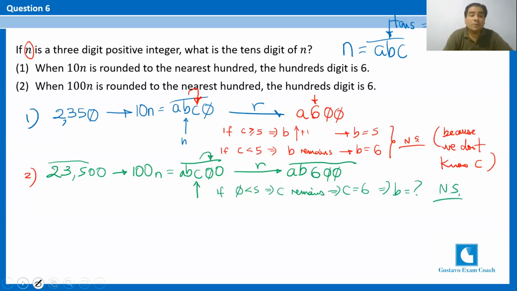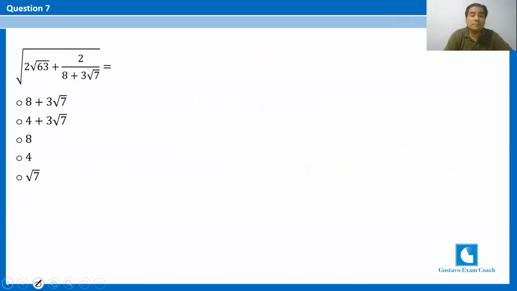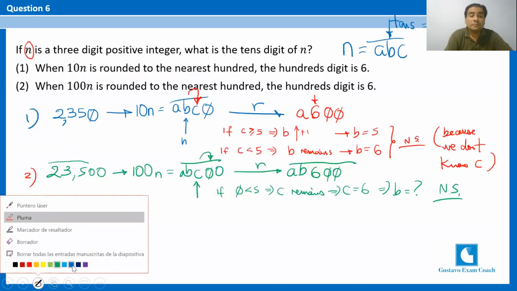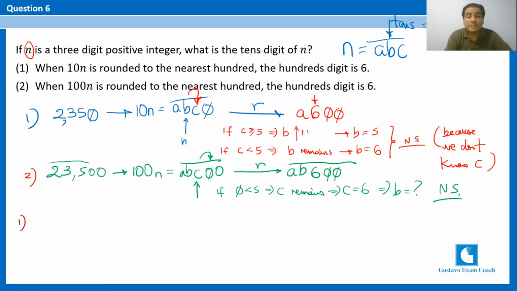Okay, so now let's move on to the last step. Combining the two statements together. We can reinterpret statement 1 by using information from statement 2.